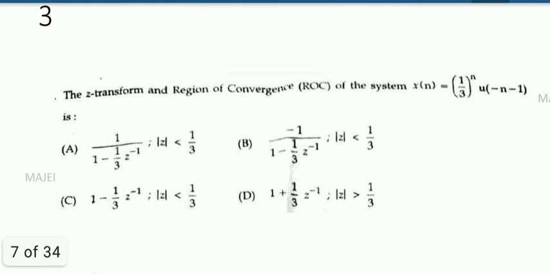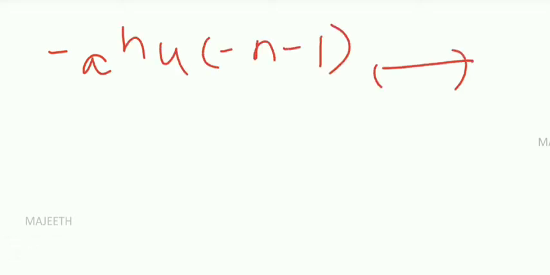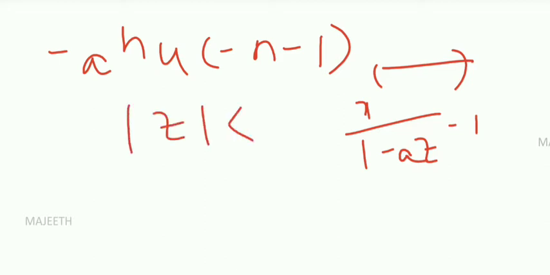Next one. The Z transform and the region of convergence of x of n is equal to 1 by 3 power n u of minus n minus 1. So we know that for minus a power n u of minus n minus 1, the Z transform is given by 1 divided by 1 minus a z inverse, with ROC mod z must be less than mod a.